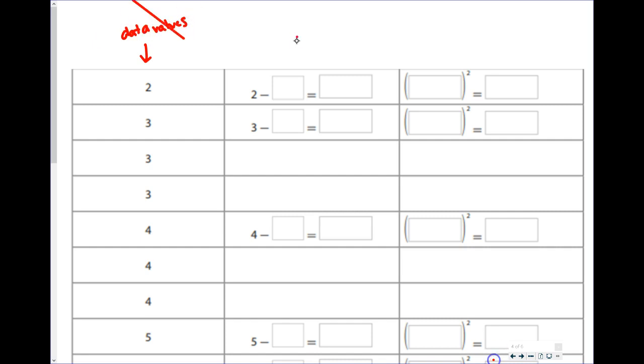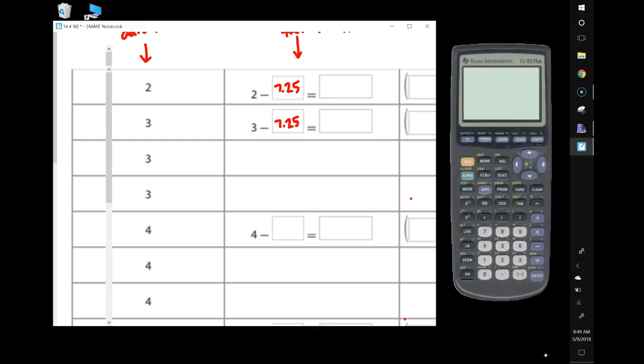In this next column, what you have to do is subtract all your data values from the mean. So I'm going to take my first data value 2, subtract 7.25. Take the next data value 3, subtract 7.25. When I do this, I'm going to get a bunch of little values.